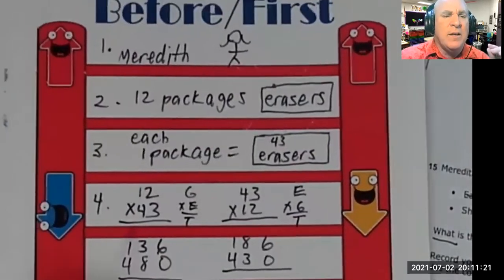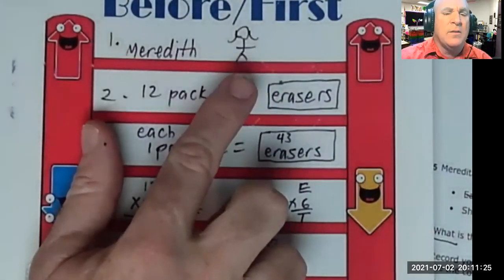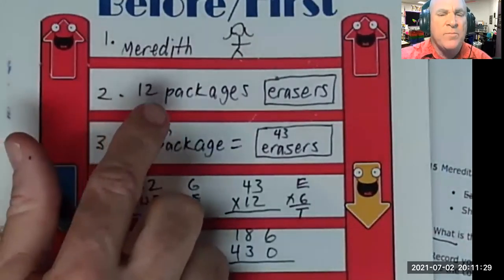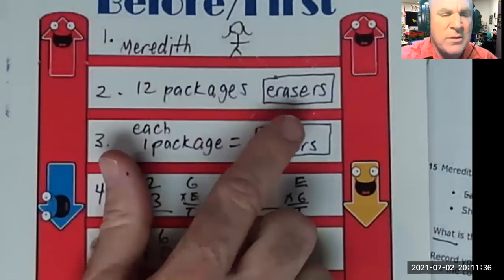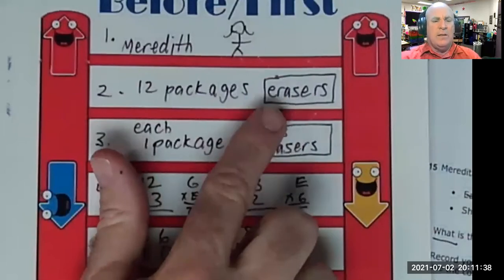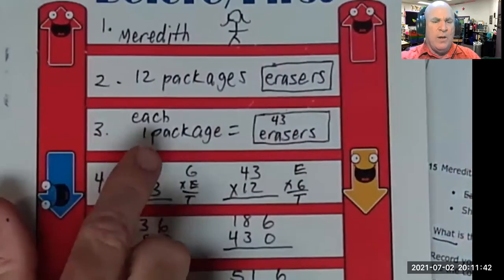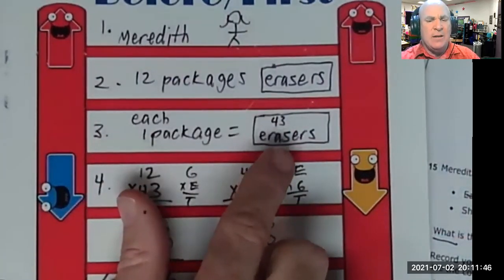So the first thing they said was that there was this girl named Meredith. The second thing was that she had 12 packages of erasers. So I drew a little package, a little box with the word erasers inside. The third thing they said was each package, each meaning one, package has 43 erasers inside.